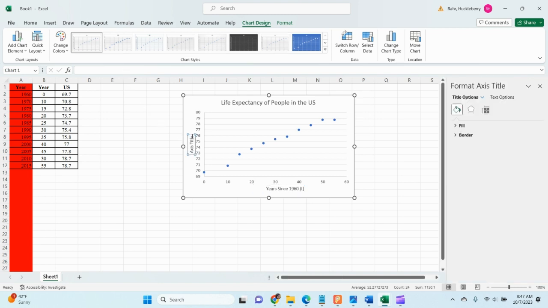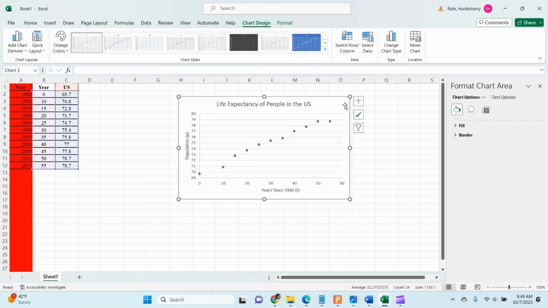And then I'm going to change my axis, my output, to population, and maybe P for A. Oh, that's funny. Up arrow. Population.